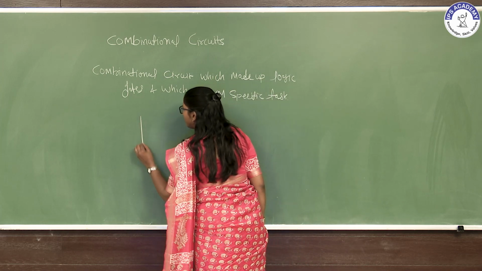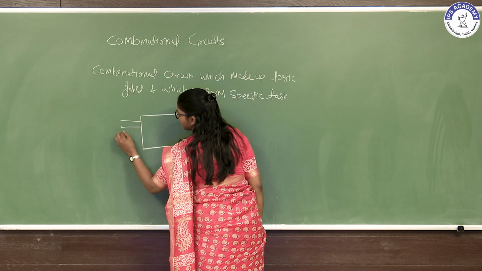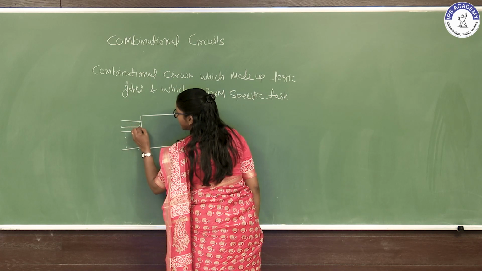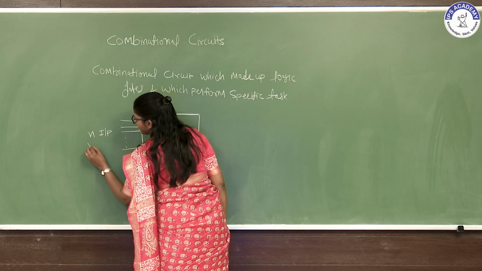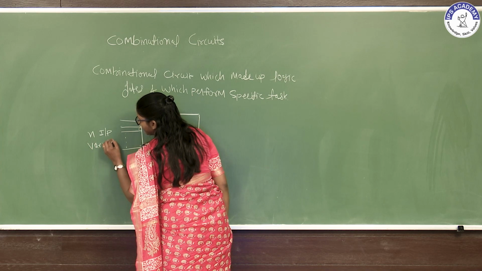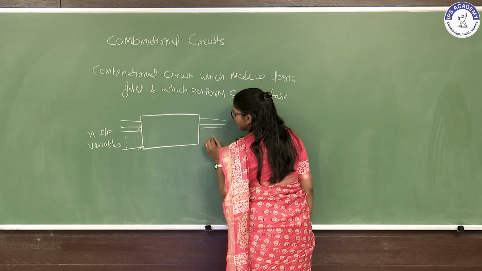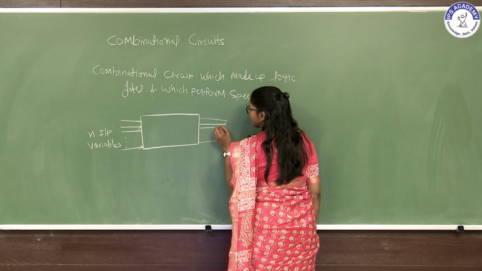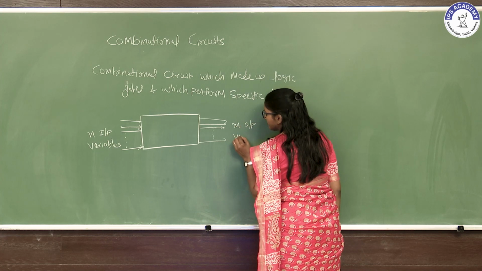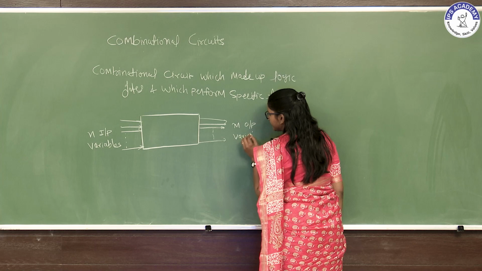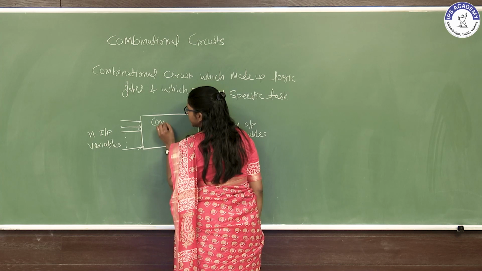So whenever we talk about the block diagram of combinational circuits, here we can take these as the n input variables and these are the m output variables. So here this will be the combinational circuit.